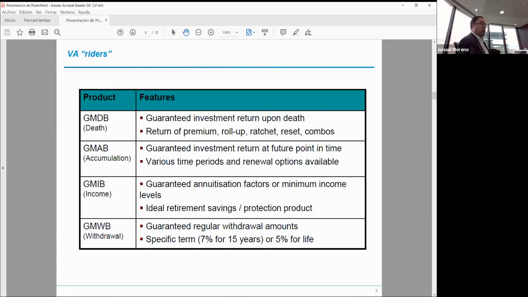It is working very well in Spain. We launched GMDB for the first time 4 years ago, and we've sold in excess of 2 billion euros worth of it, making it one of the most successful products we've ever sold.